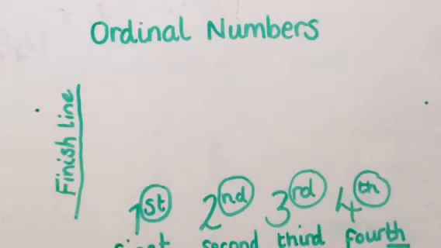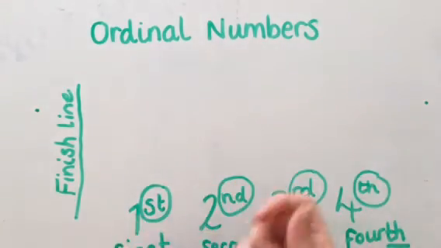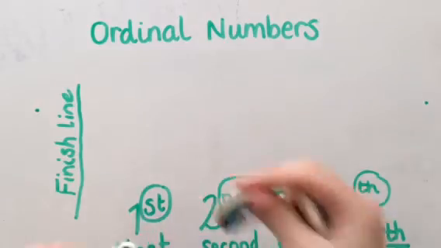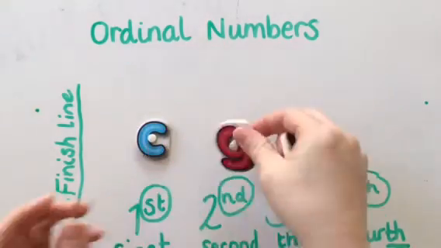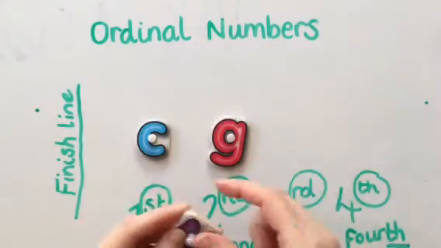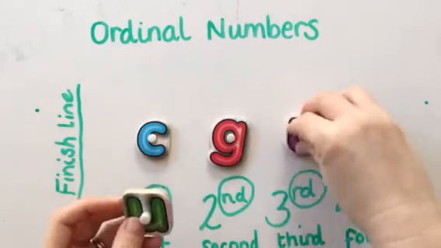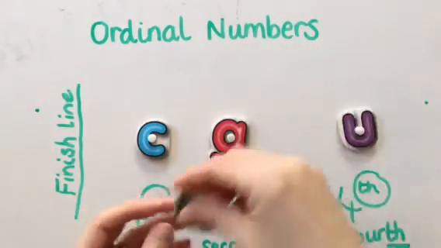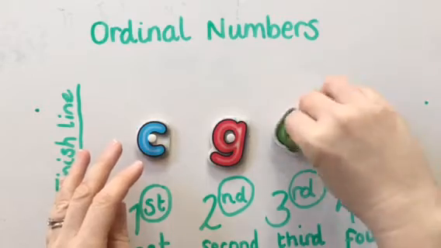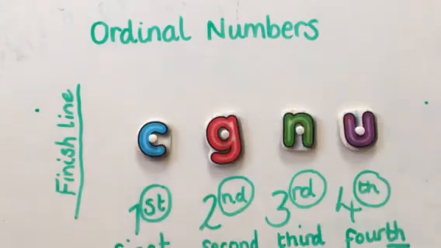Okay? Another thing you could do is you could have, what have we got here? We've got some letters of the alphabet. Now these are not in order, because they're just random ones from the board.